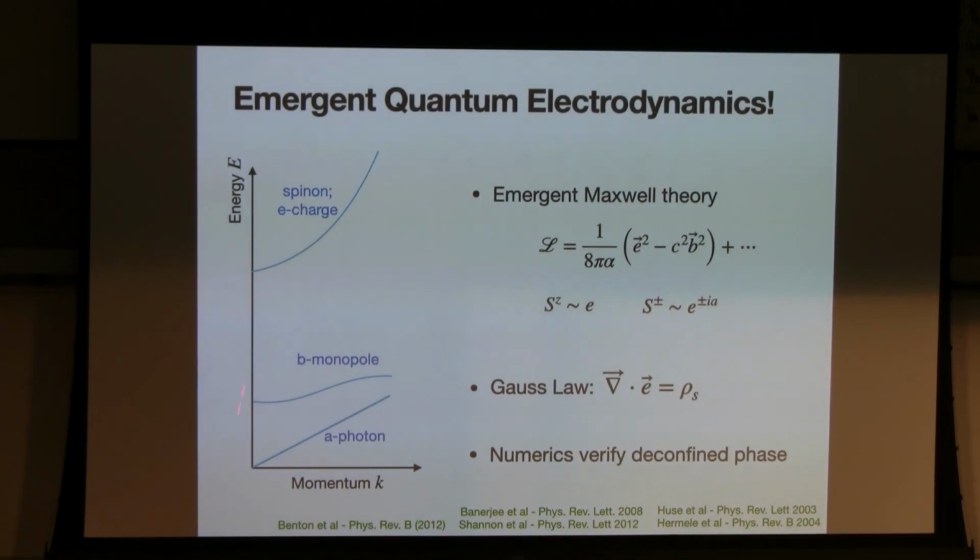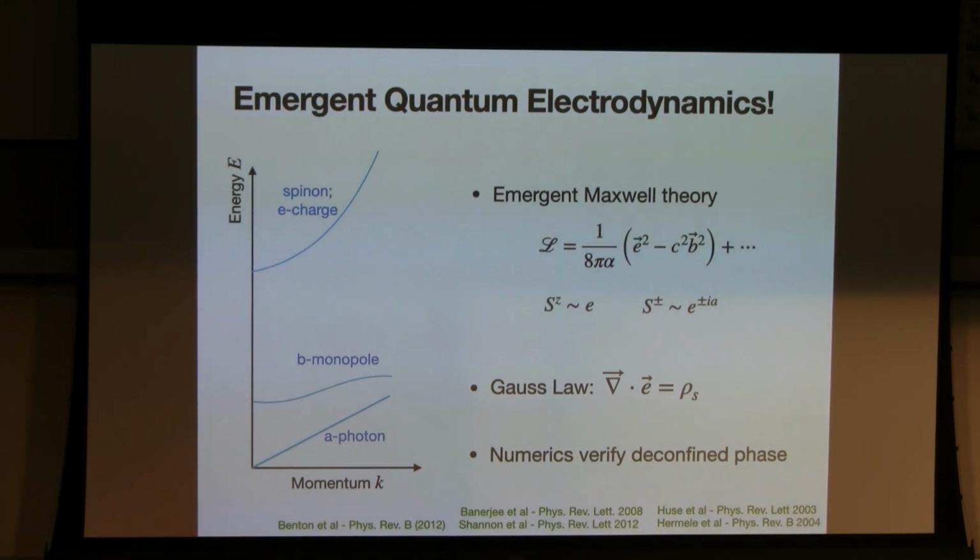It has a big gap. That was the biggest energy scale in our model. And then, because this was a compact U1 theory, there's actually gapped little b magnetic monopoles, okay? Which are configurations of this effective theory where there's a magnetic field pointing outward. It has a source, okay? So those are kind of the quasi-particles in the theory in this emergent electrodynamics.